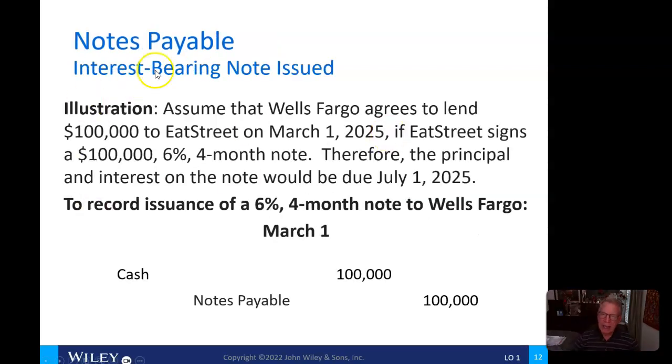Let's take a look at an interest-bearing note issued here. Assume that Wells Fargo agrees to lend $100,000 to Eat Street on March 1, 2025. Eat Street signs a $100,000, 6%, 4-month note. Therefore, the principal and interest on the note would be due on July 1, 2025.